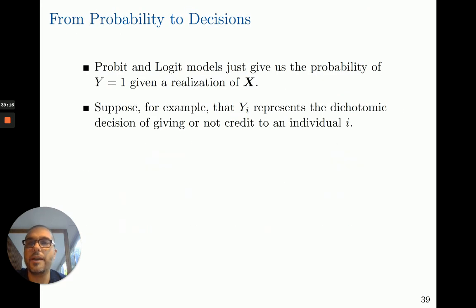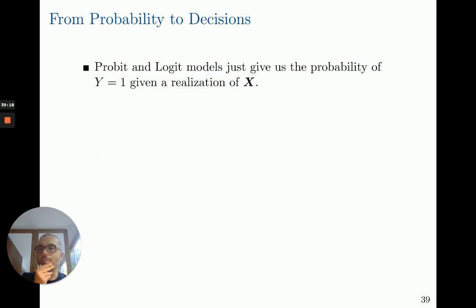But once we have these probability models, how can we make decisions? Because the probit or the logit will give us just the probability of y equal to 1 given a realization of x. If you want to make a decision, should I give a loan to an individual or not?